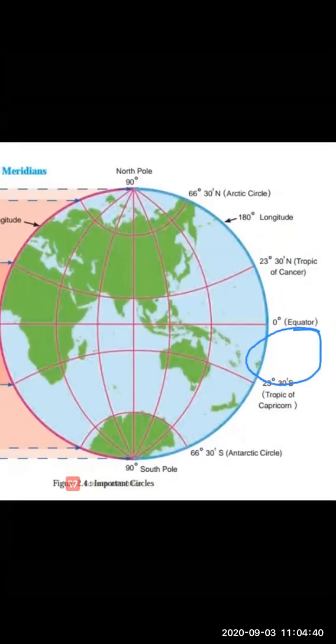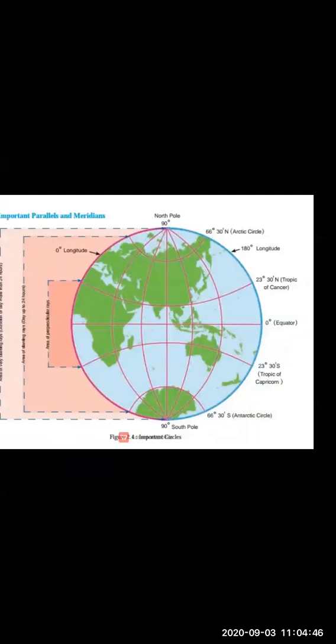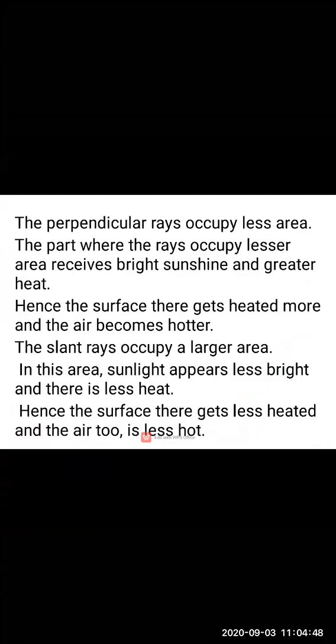So children, as we have seen, the part where the rays occupy lesser area receives bright sunshine and greater heat. Because of this, the surface there gets heated more and the air becomes hotter in that region. Now what happens in the region where the rays are in a slanting direction?